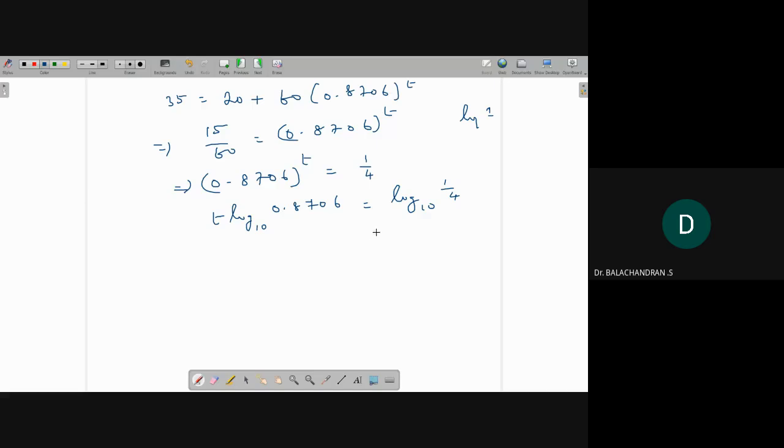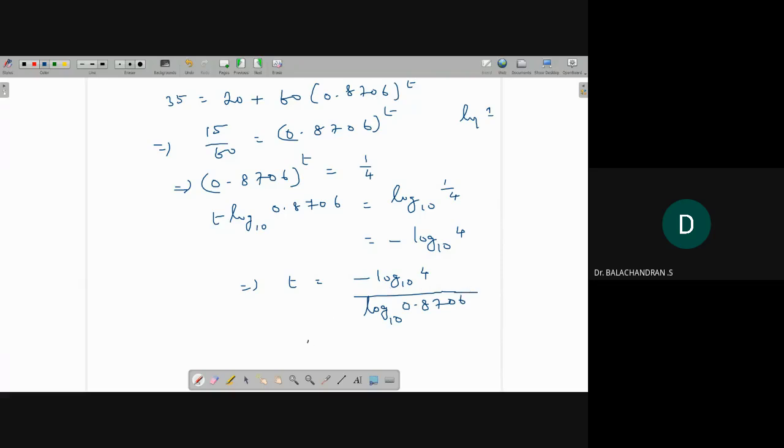Now you can write this as minus log of 4 using the properties of logarithm. So now from this t equal to minus log 4 base 10 divided by log base 10 0.8706. So now find t.